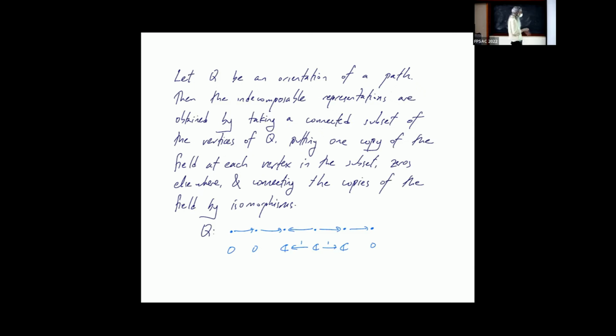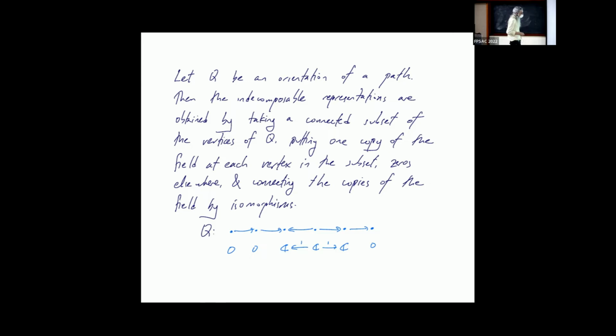Okay. So let Q be some orientation of a path, something like that. We're starting to sneak up on things that were in Mohan's talk. The indecomposable representations are easy to describe. They're described by taking a connected subset of the vertices, putting one copy of the field at each of the vertices in the subset.